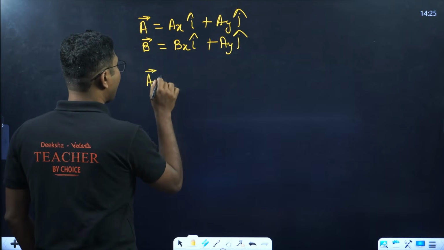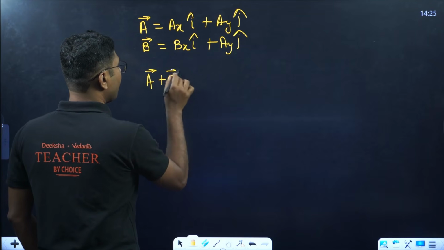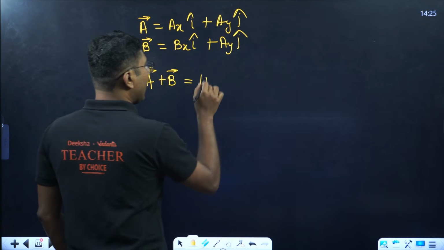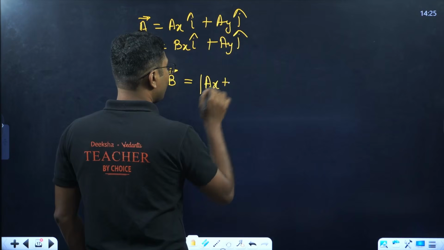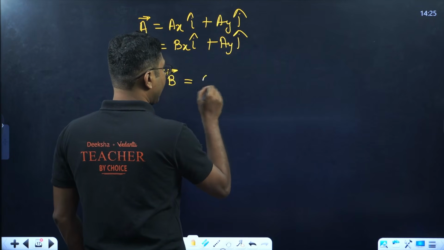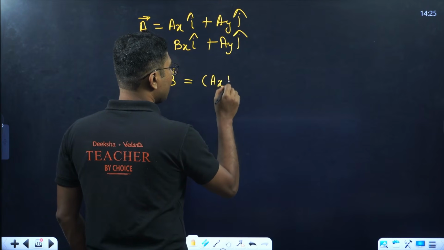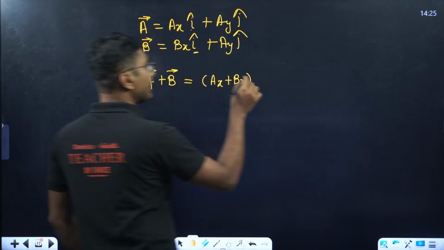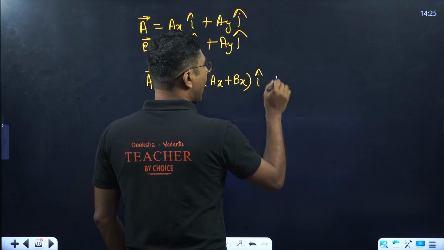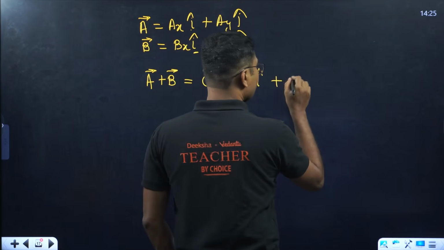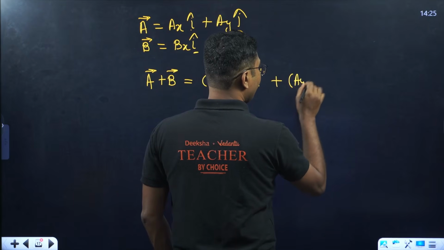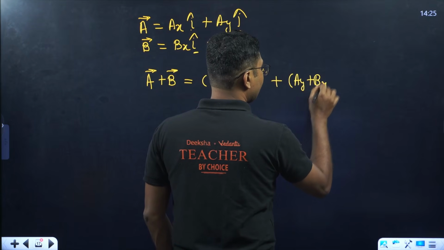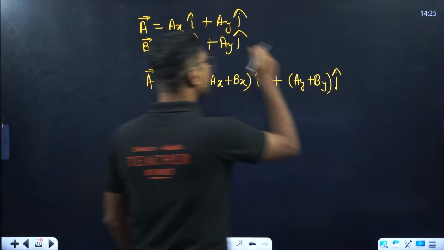If you want to add a plus b, you will get ax plus bx i cap. Basically all the components having the same unit vector get added, and all the components with y also get added, so ay plus by j cap.